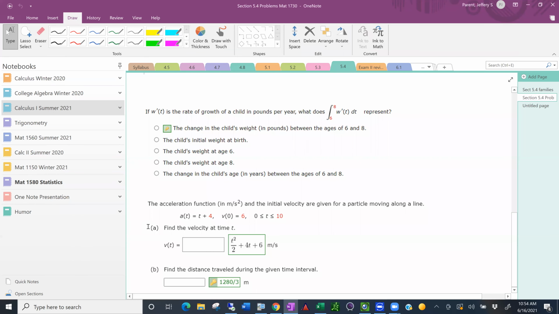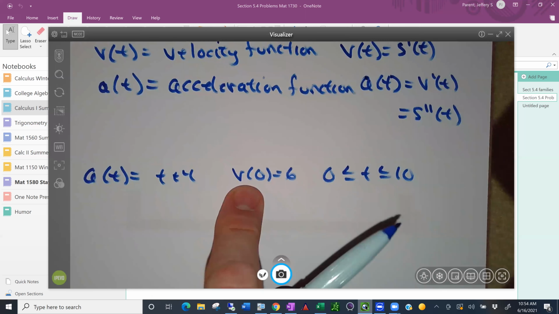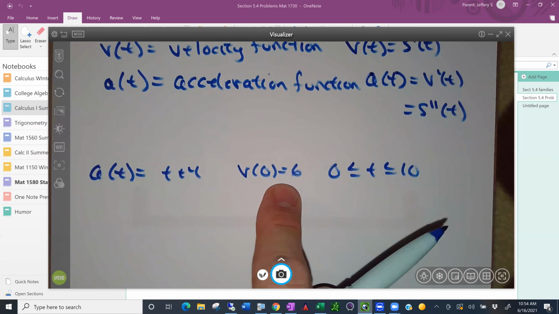Give you a couple more seconds to copy this down. So we've got an acceleration function, A of t equals t plus 4, and V of 0 equals 6, with 0 less than or equal to t less than or equal to 10. This is find the velocity at time t. Well, they give us a little information here: the velocity at time 0 is 6.